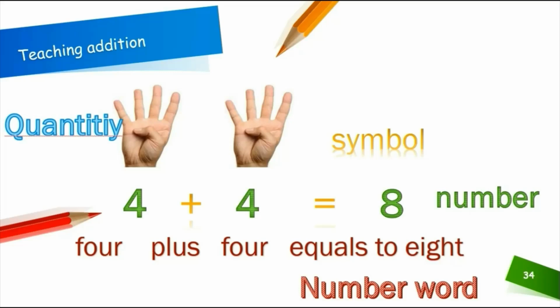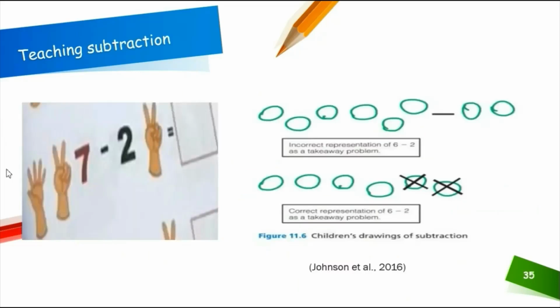When we teach addition, we introduce quantities, simple numbers, and number words. And when teaching subtraction, we emphasize number representations. We make sure the drawings of the subtractions are correct and that pupils know the concept of subtraction, to teach that concept to the pupils.